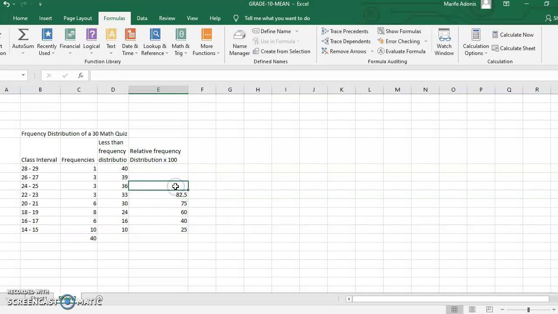Yan. Okay, next equals 36 divided by 40 slash 100. Dali lang, di ba, guys? Ganun lang kadali.